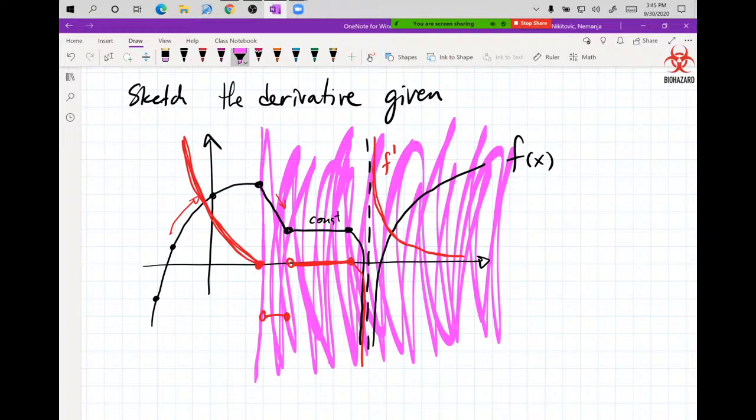Now, we also see that there is a rapid change here. This is hard to climb right here, right? Steep. It's hard to climb. And you can see that the derivative on that part of the line shows this rapid change, right? It's a rapid change because it curves quickly up.